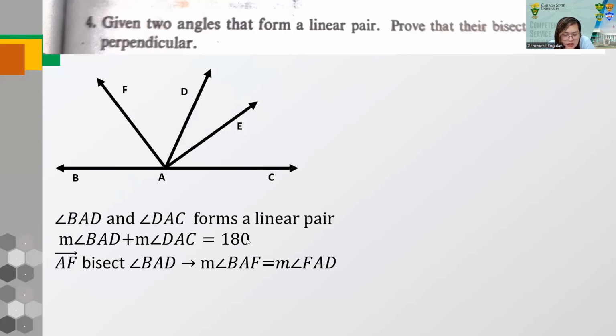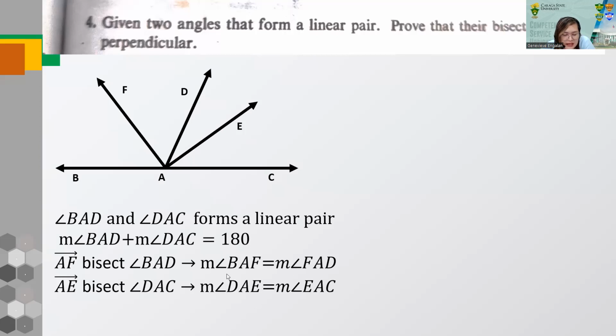Next, AF bisects BAD, so this implies that the measure of BAF is equal to the measure of FAD. Next, AE bisects DAC, so the measure of DAE is equal to the measure of EAC. That means DAE and EAC are congruent.